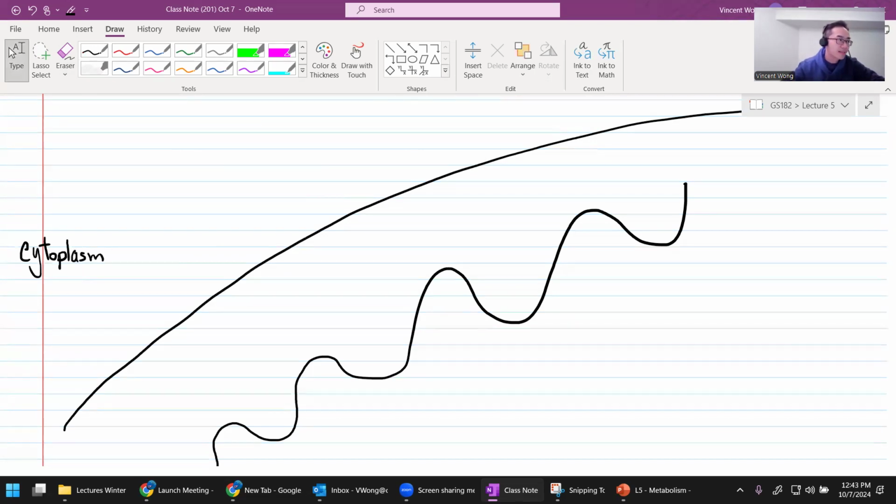This part is difficult to understand, but try to draw it out with me, and if you have questions, do stop me. And this here, in case you're wondering, that's the outer mitochondrial membrane.